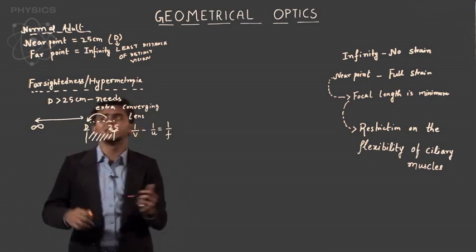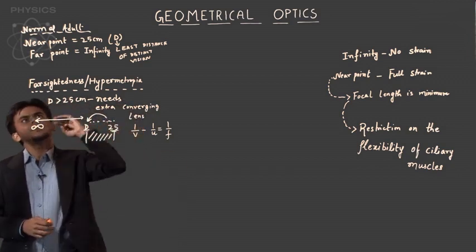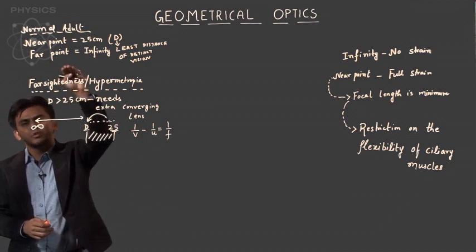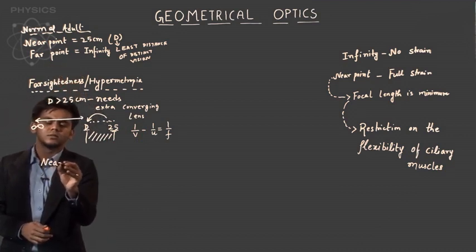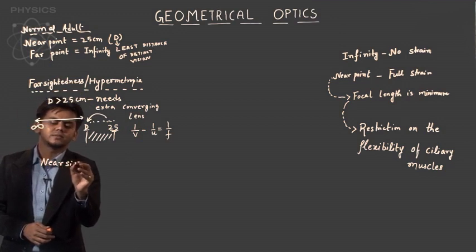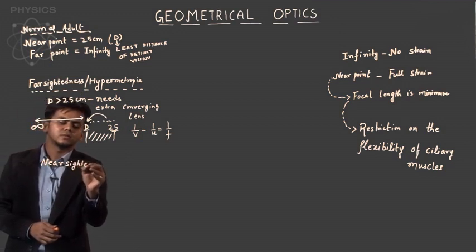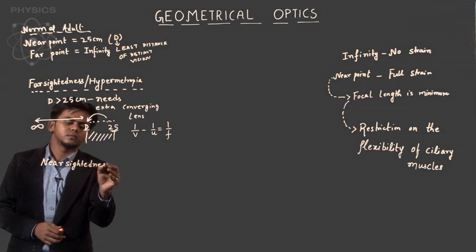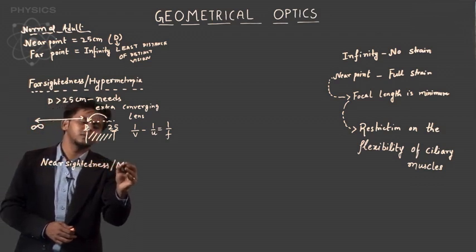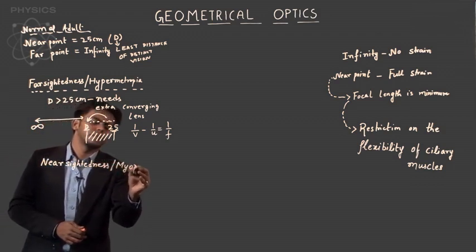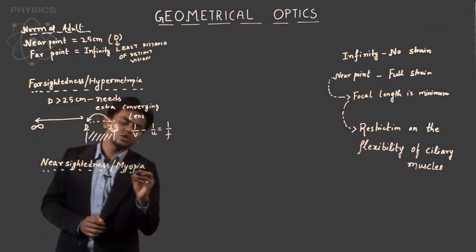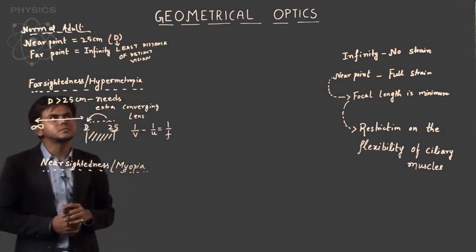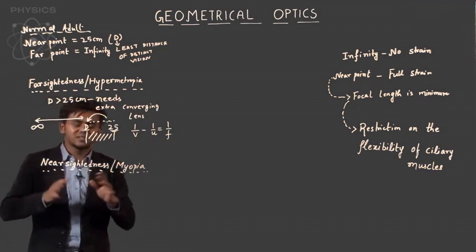I need a diverging lens, right? So when I'm not able to see far objects, what I'm suffering from is nearsightedness or myopia.